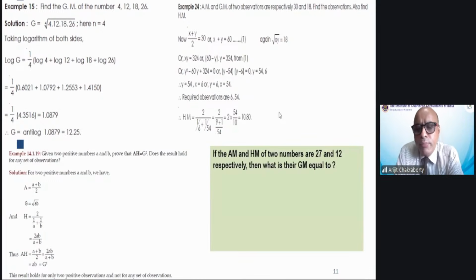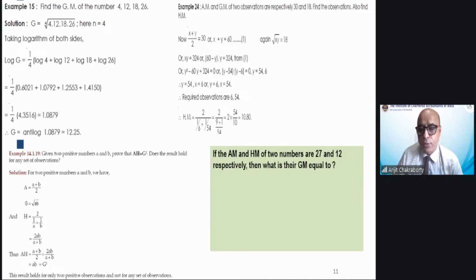If the arithmetic mean and harmonic mean of two numbers are 27 and 12, then what will be the GM? Please note this is a direct application of the principle we have seen earlier, that for two positive numbers, AM into HM will give you the square of the GM. So here it is given AM is 27 and your HM is 12.